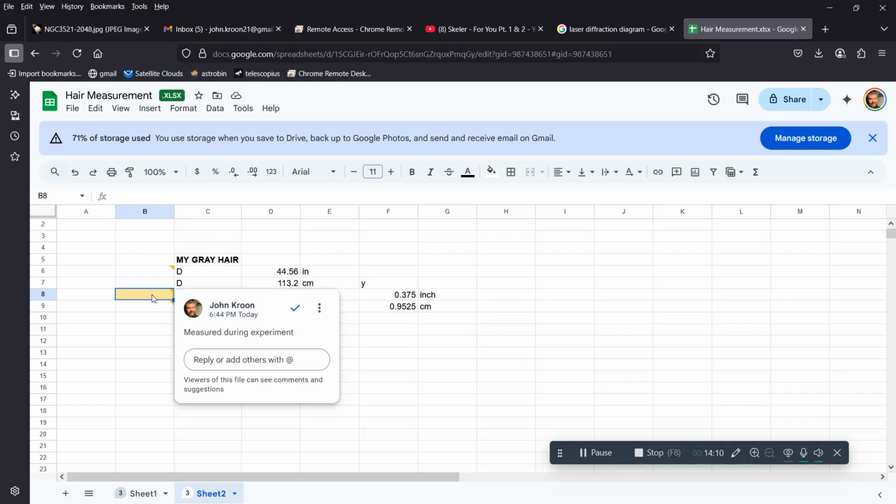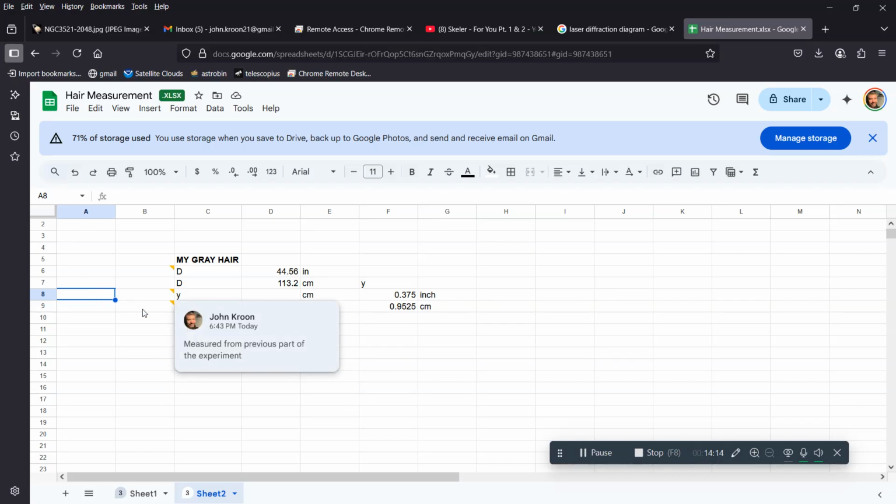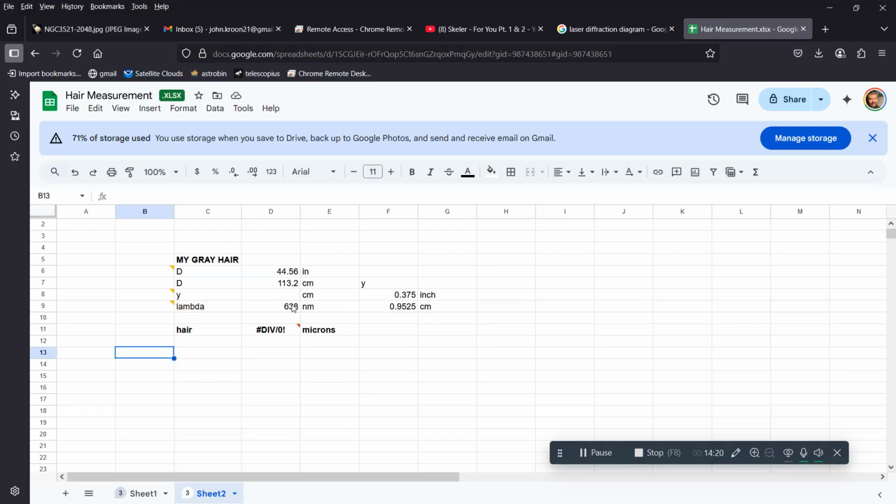I measured the distance between the maxima, the Y value, and we know from the previous part of the experiment that the wavelength is this number, roughly 638 nanometers. And I measured, so it was about 6/16 or 3/8 of an inch between the maxima. Here's that same number in centimeters, and I'm just going to tell it to use this value and calculate.